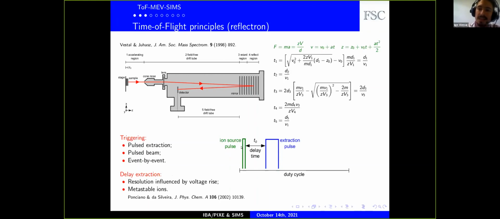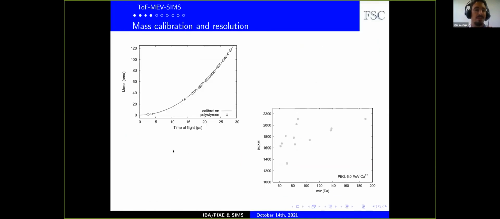But I put it here to compare that in fact, with the delay time, we can use delay extraction to measure metastable ions, which has a resolution that is somehow strongly influenced by how this high voltage rises. What we are doing in our experiments is using the extraction as the trigger. And the question is, of course, what if the primary beam is continuous?